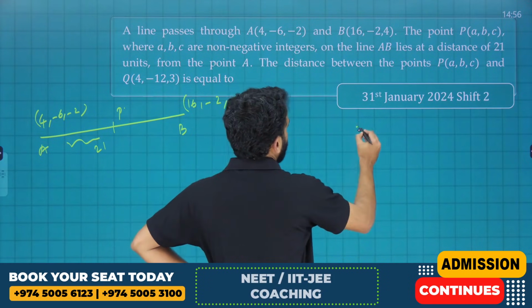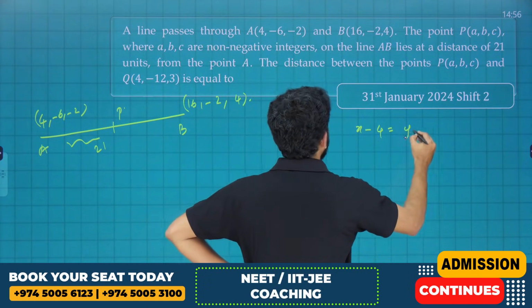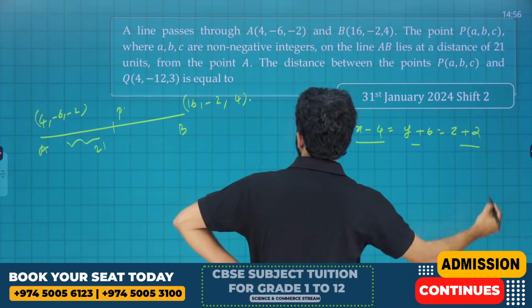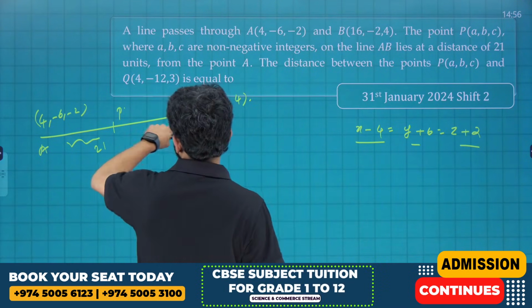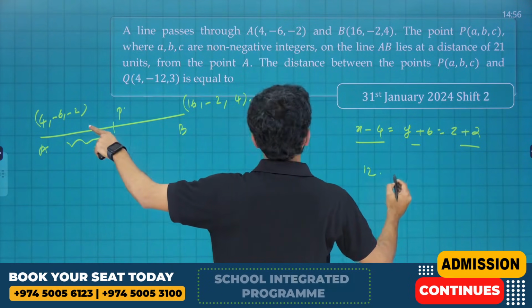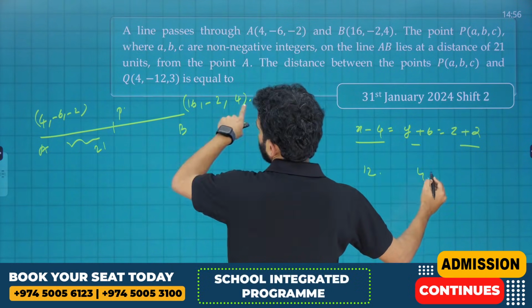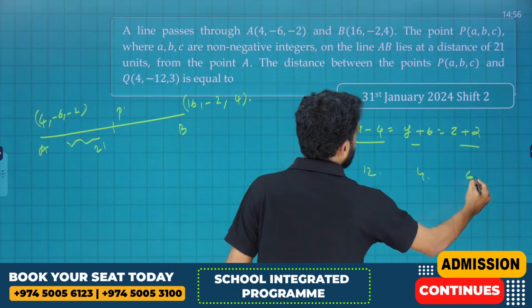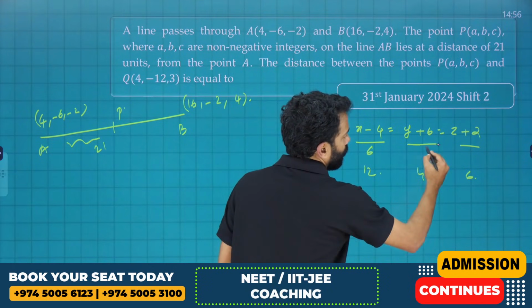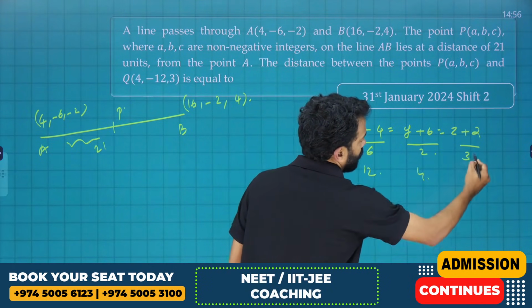That is x minus 4 is equal to y plus 6 is equal to z plus 2, divided by 16 minus 4, that is 12, minus 2 minus minus 6, that is 4, and 4 minus minus 2, that is 6. We can cancel this and write 6, 2 and 3 here.